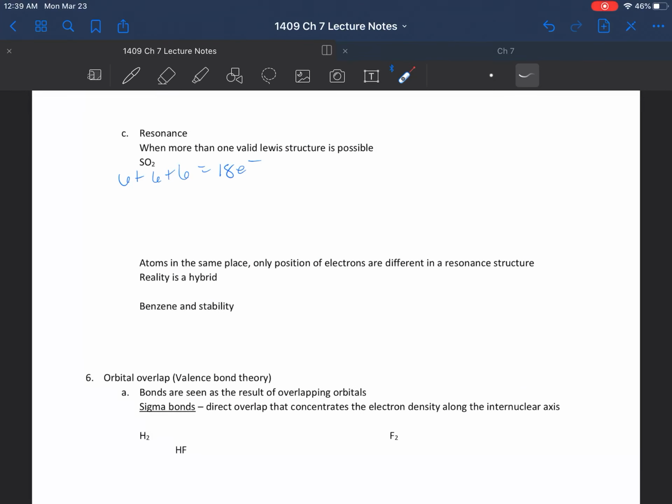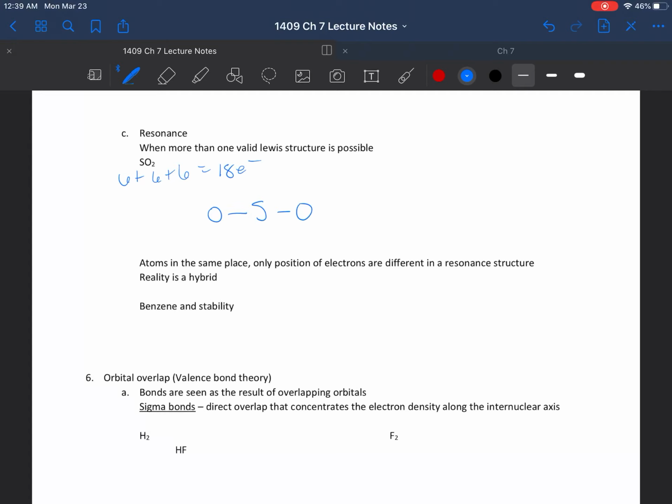The last topic I want to cover in this video is resonance. Sometimes more than one valid Lewis structure is possible. Let's consider sulfur dioxide. Sulfur dioxide has 18 valence electrons. Sulfur in the middle, oxygen on the outside, 2, 4 of our electrons to connect.